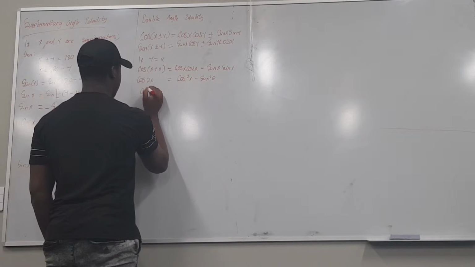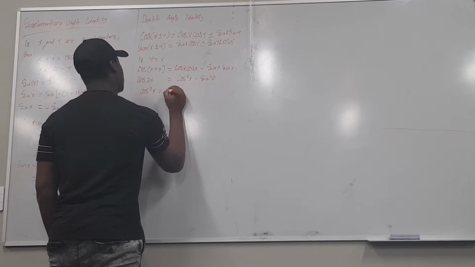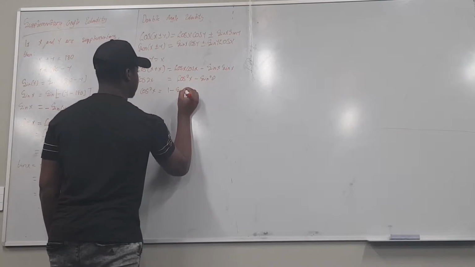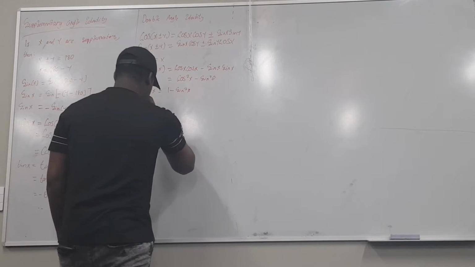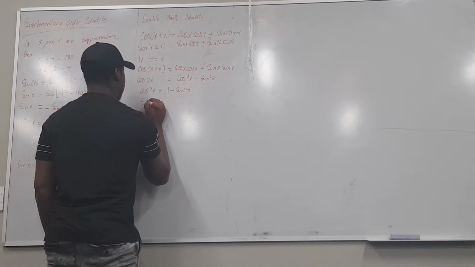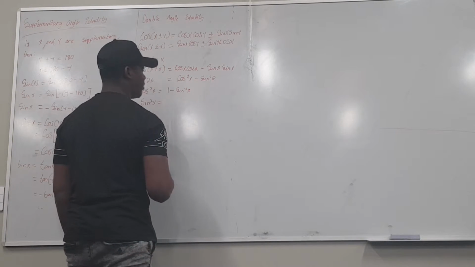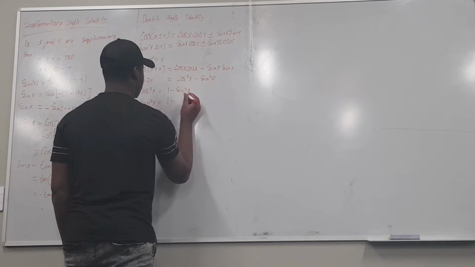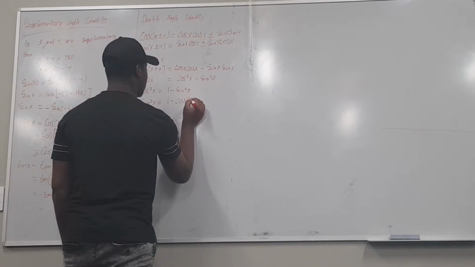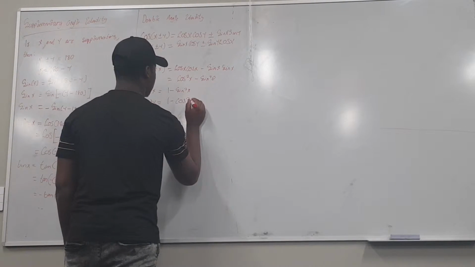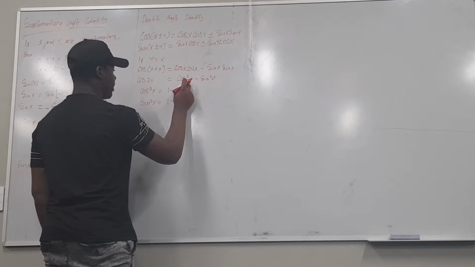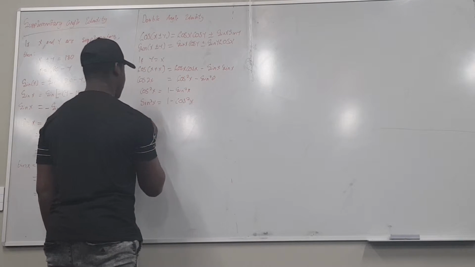We know cosine squared x is equal to 1 minus sine squared x. And sine squared x is 1 minus cosine squared x. So we're going to substitute cosine squared x here, so we're going to have everything in terms of sine.